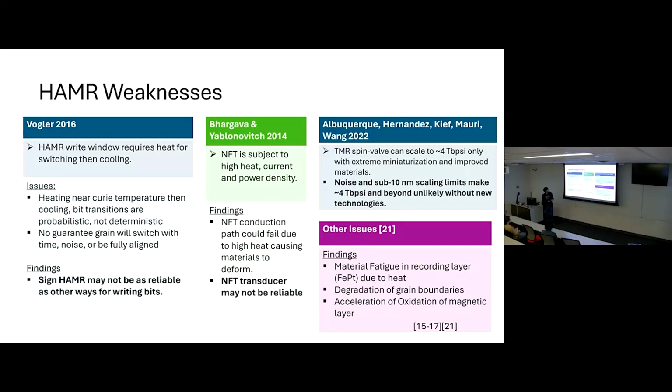Okay, so going to the last part, the weaknesses. These are some papers I found. Vogler in 2016 released a paper where he did some research on switching probabilities. He found that when you heat bits near the Curie temperature, it's not deterministic that the bits will flip.